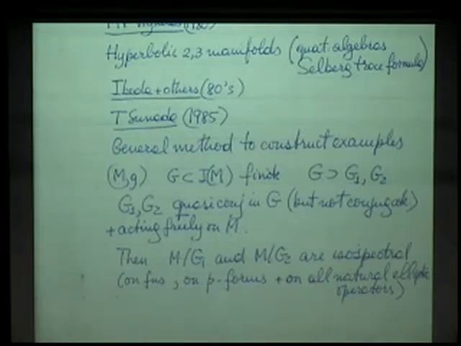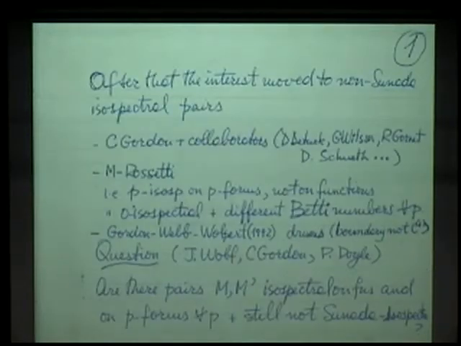He took a finite subgroup G of the isometry group and two subgroups, G1 and G2 of G, that are quasi-conjugate in G, but not conjugate, and acting freely on N. Then he proved that the quotients are isospectral on functions and actually on p-forms and all natural elliptic operators.